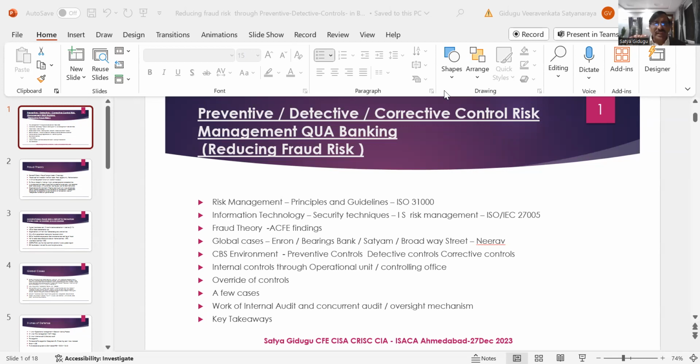So in the scope of internal or external audit, you have to have a vigilant eye, keep your eyes and ears open, and have a basic smell of fraud risk, and you should be in a position to understand that the controls are effectively working.